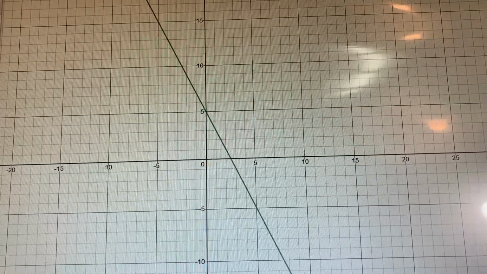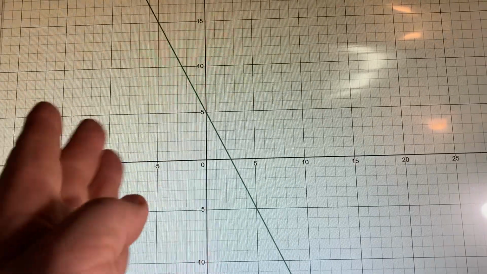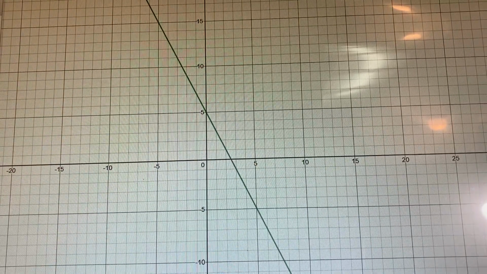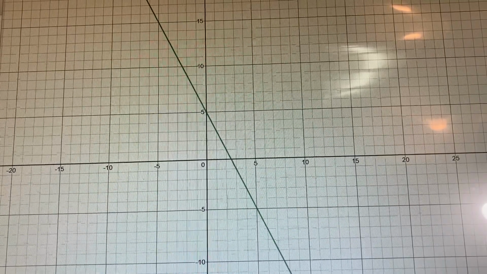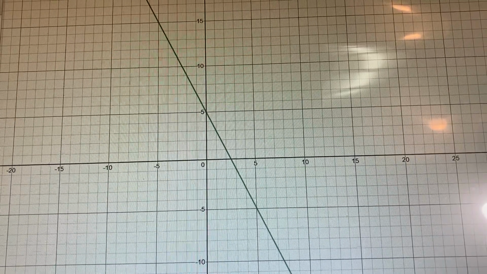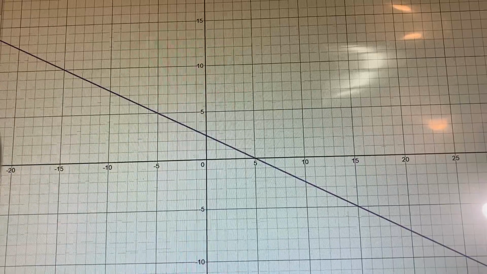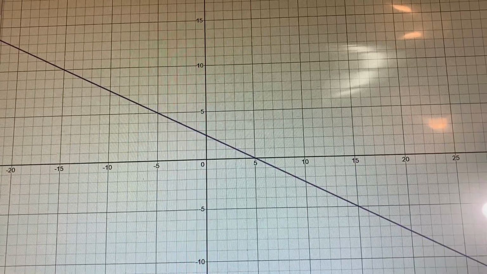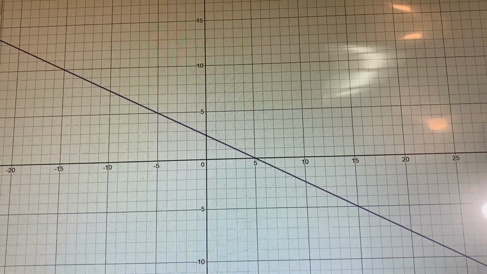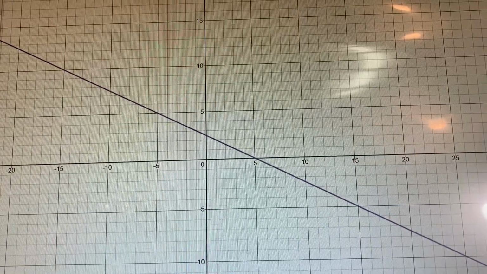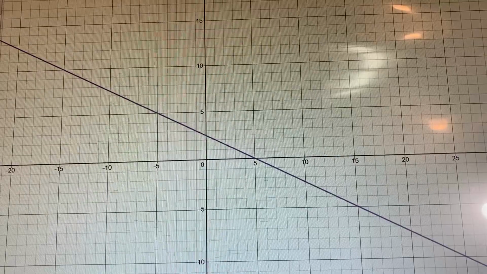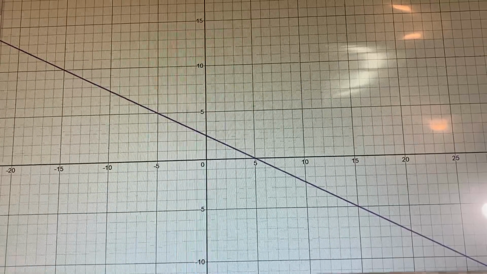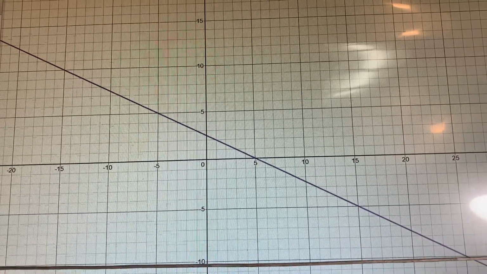Now, when you take the inverse, how do you know if you're going to have an inverse function? If you took this, now this is the inverse.